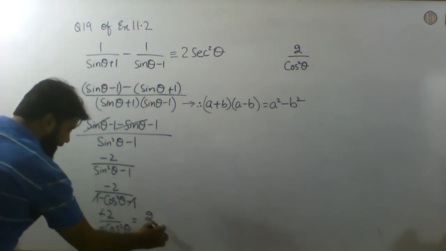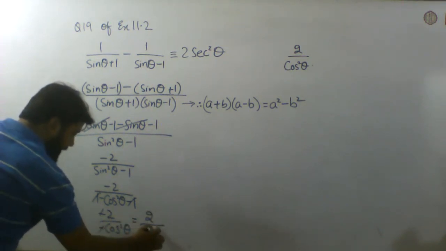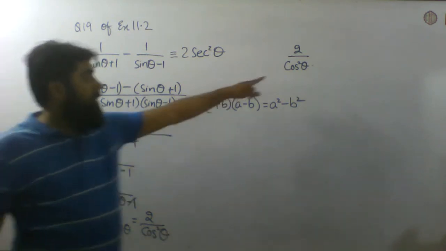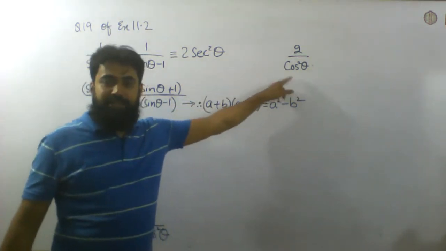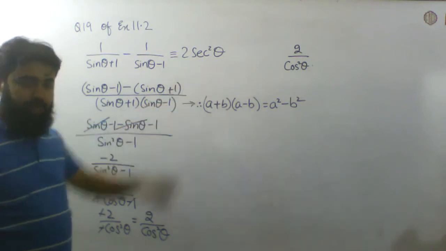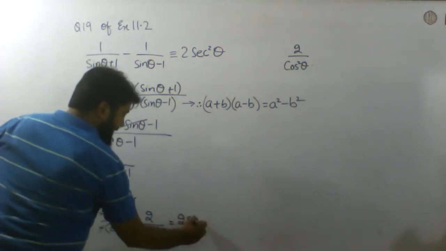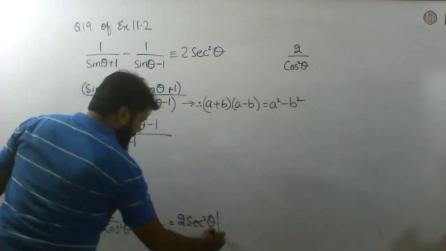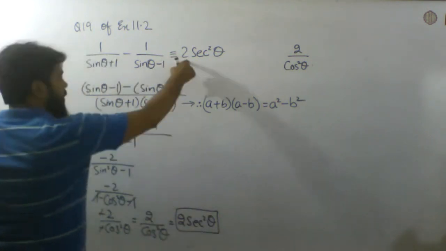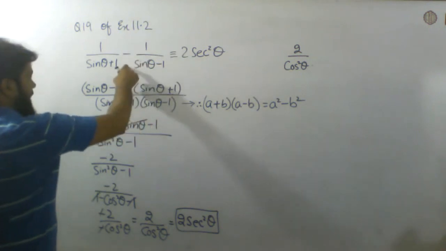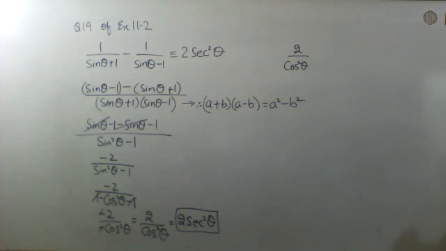I will have 2 upon cos square theta, which can be written as 2 sec square theta. So this becomes 2 sec square theta, which was your right hand side when I started from the left hand side.